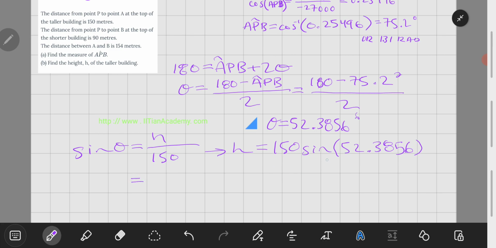And when you plug that all into your calculator, you should find your answer to be 118.82 meters, which we can round up to approximate to 119 meters. And that is your answer for part B, and all the answers for this question.